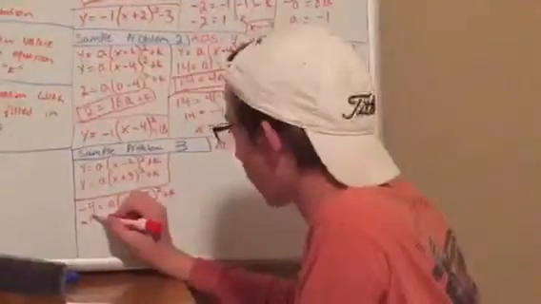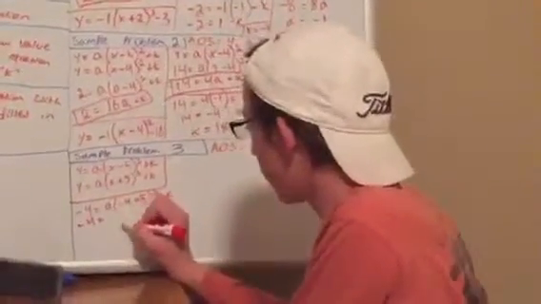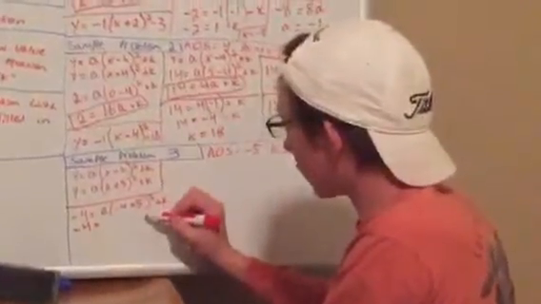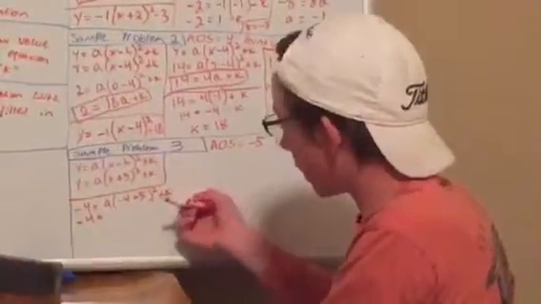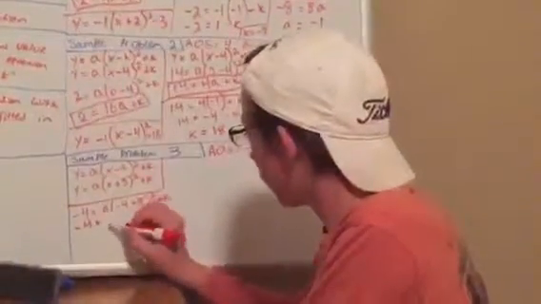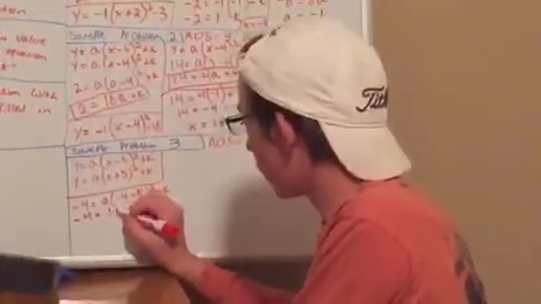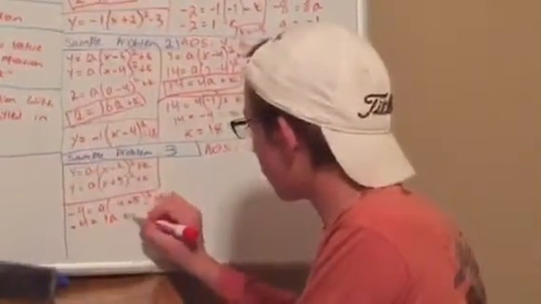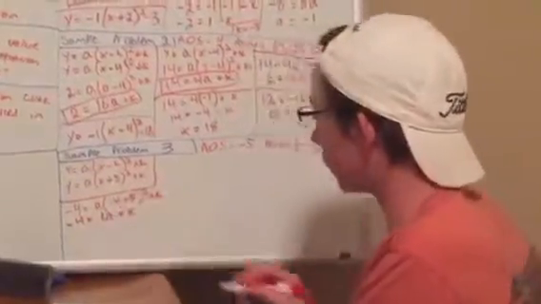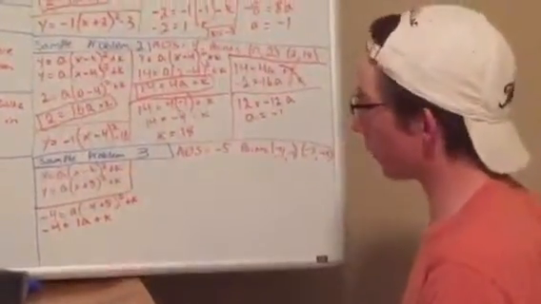So negative 4 is equal to negative 4 plus 5, that's positive 1. So 1 squared is still 1, so 1a plus k is going to be equal to negative 4.